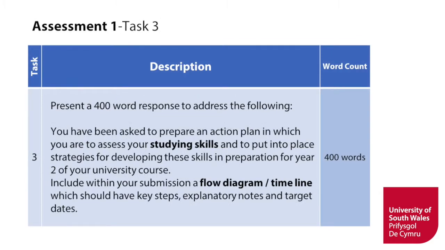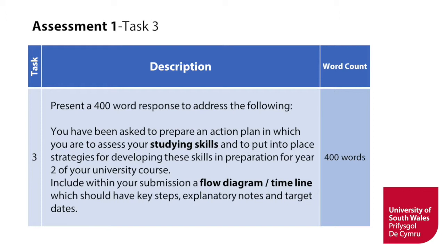The final part of your assessment 1 is to present a 400-word response to address the following. You've been asked to prepare an action plan in which you will assess your study skills and put into place strategies for developing these skills in preparation for year 2 of your university course. Include within your submission a flow diagram and timeline, which should have key steps, explanatory notes and key targets.